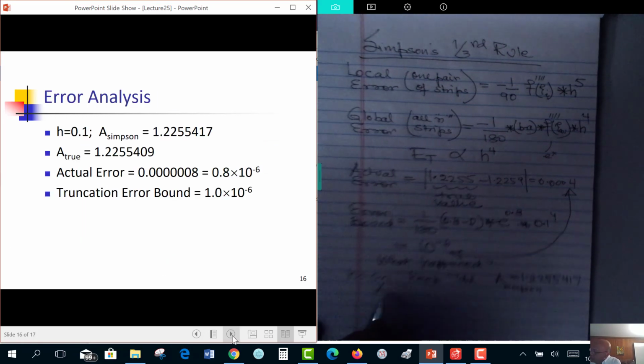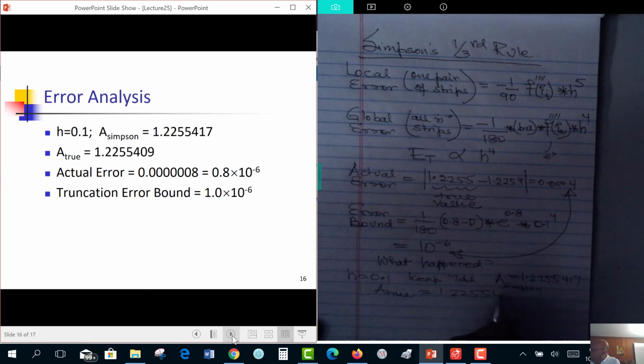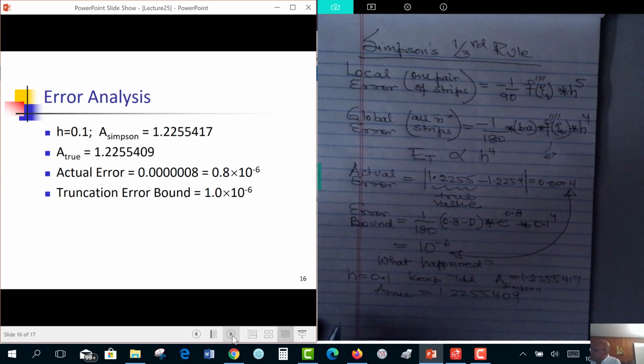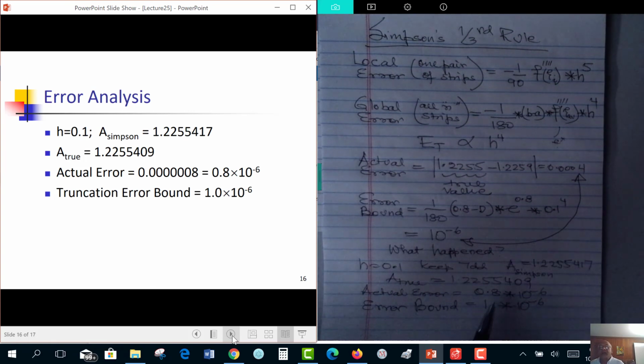And of course, our true value is 1.2255409. So our actual error, which is the difference between these two values, will be 0.8 times 10 to the minus 6. Whereas our error bound, we just calculated, remember, is 1 times 10 to the minus 6. So obviously error bound is larger than actual error, which makes sense.